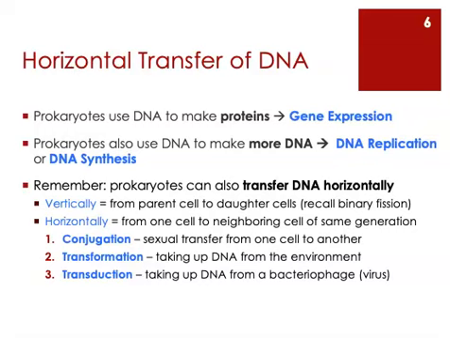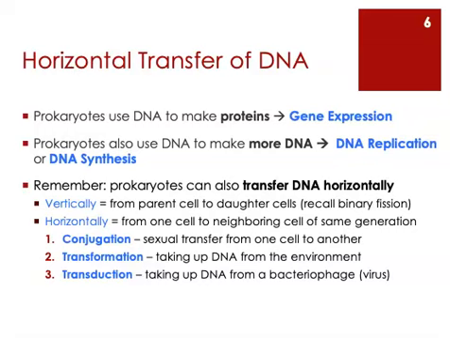Remember, when we talk about vertical transmission of DNA, the vertical term means parent cell to daughter cell. So the same way that a human parent would pass its DNA down to its child, a parent microbial cell can pass its DNA to its daughter cell through vertical transmission.